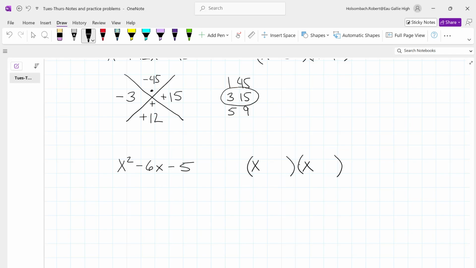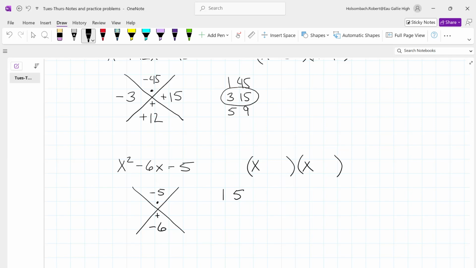Our first term in each binomial needs to be x again. There's only two factors of 5, and that's 1 and 5. So don't jump the gun and just use those as factors, because the factors need to multiply to negative 5 and they need to add to negative 6.